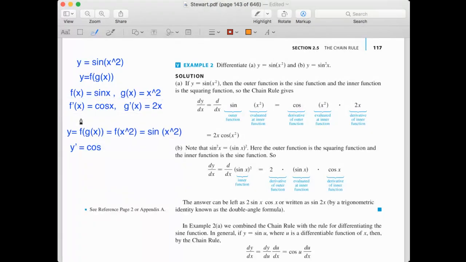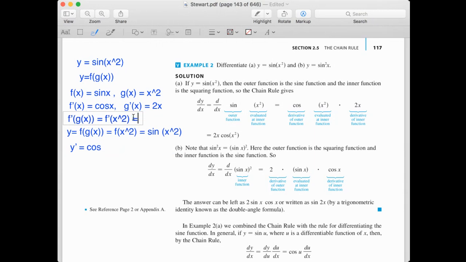So I need to find out f prime of x, g prime of x. If I know f prime of x, I know f prime of g. So what's f prime of g? That's f prime takes g as input, right? What's g? g is x squared. f prime, the outside layer, does not take x as input. It takes g as input. So that's f prime of x squared.